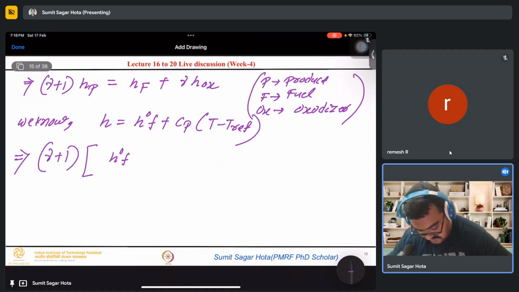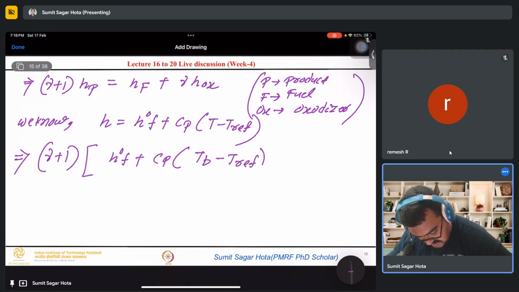h0F means it is at standard condition, and standard means 298 Kelvin and 1 atmosphere pressure. So Cp times (Tb minus TREF) for the product, which is burnt.